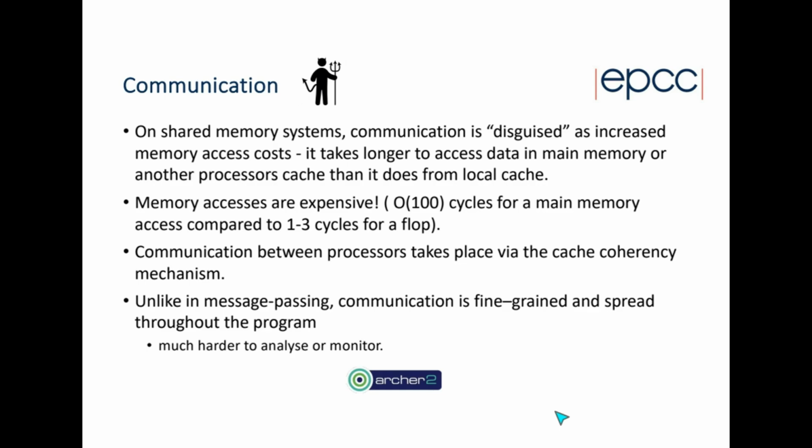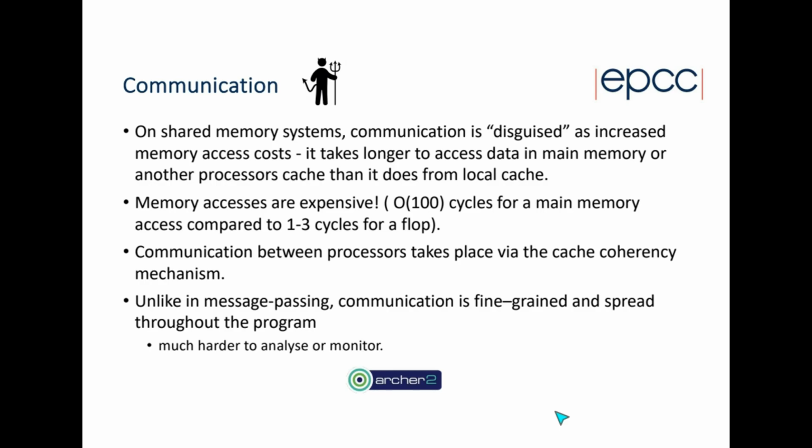So it's order of 100 or 200 clock cycles for a main memory access, compared with a handful of cycles to do a floating point operation. And communication between processors or cores takes place via the cache coherency mechanism, which we'll talk a little bit more about in a minute. But this is very different from message passing.